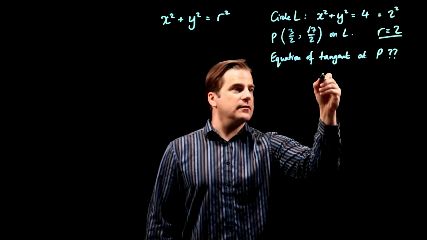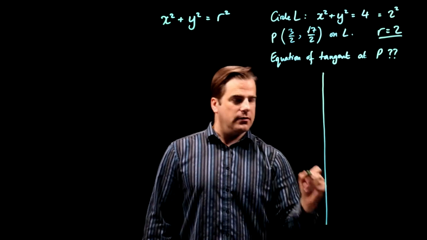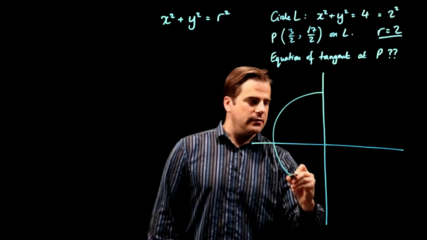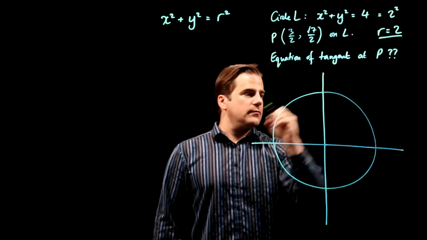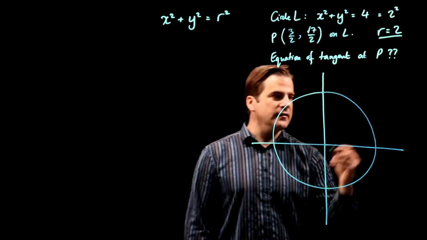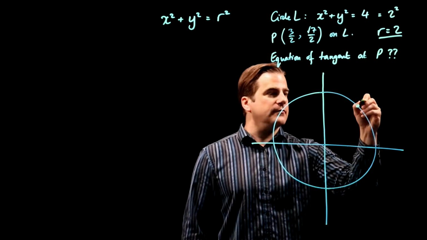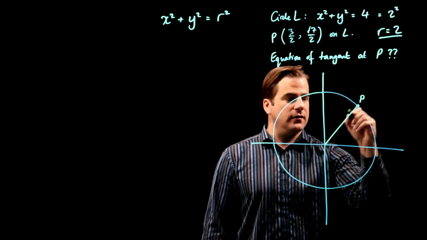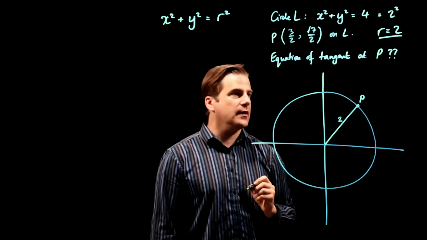So let's draw it. Okay, so we've got some point P on this circle. We know the radius is 2, so that's 2.